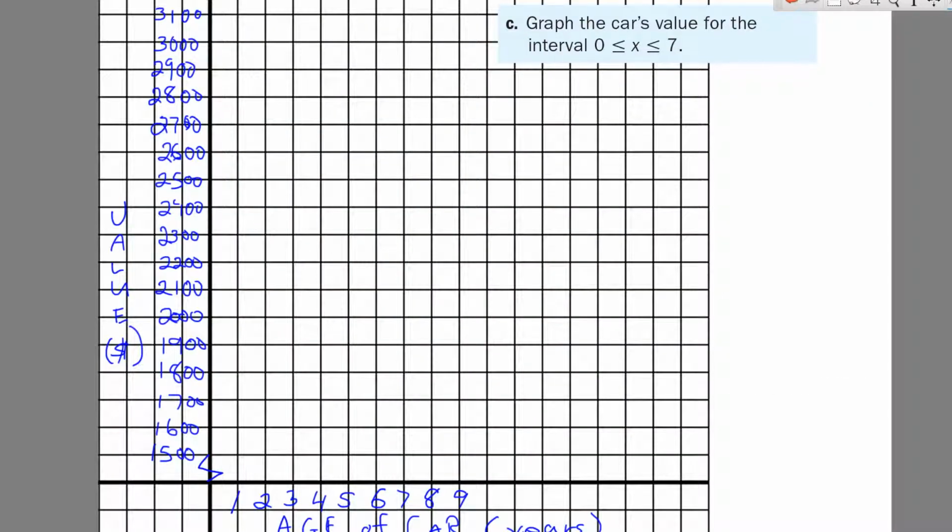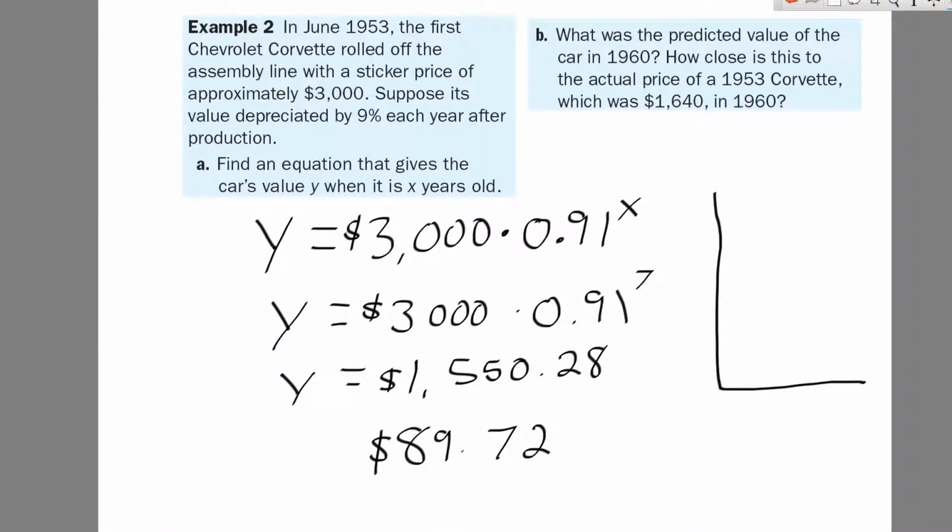So we need a few points in order to do some graphing. X is the age of the car, Y is the value. So when X is 0, Y is 3,000. When X is 7, Y is $1,550.28.